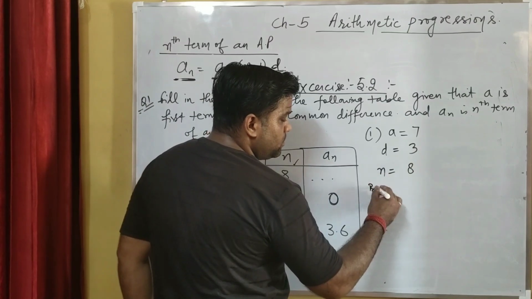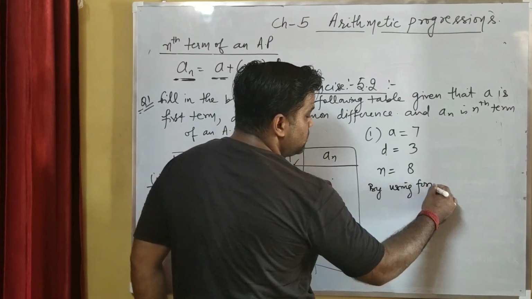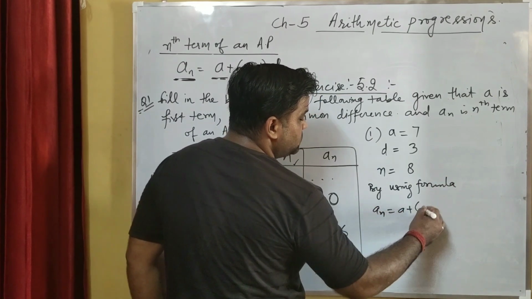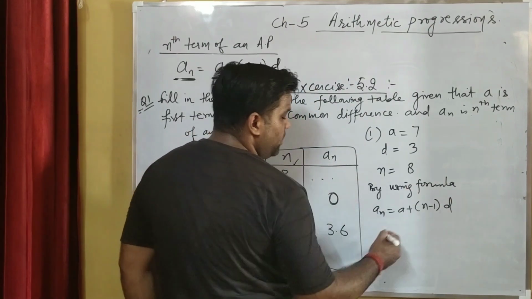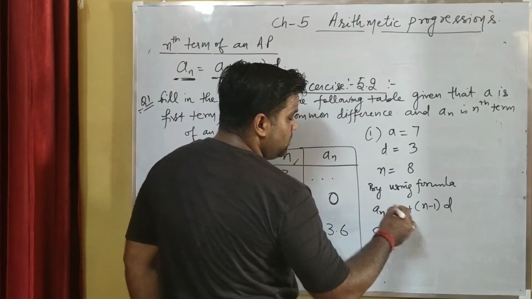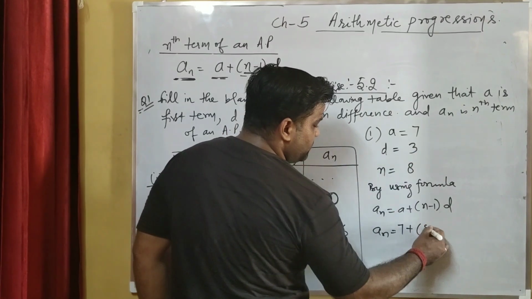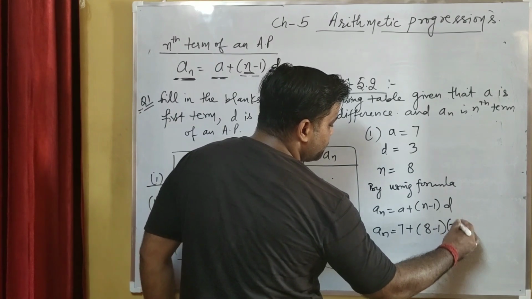So by using the formula An equals A plus n minus 1 into D, on applying, A is given which is equal to 7, n is given which is 8 minus 1, and D is given which is 3.